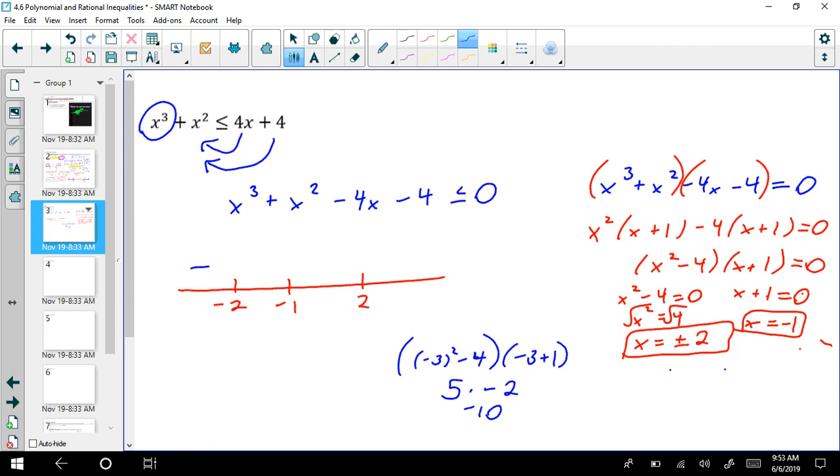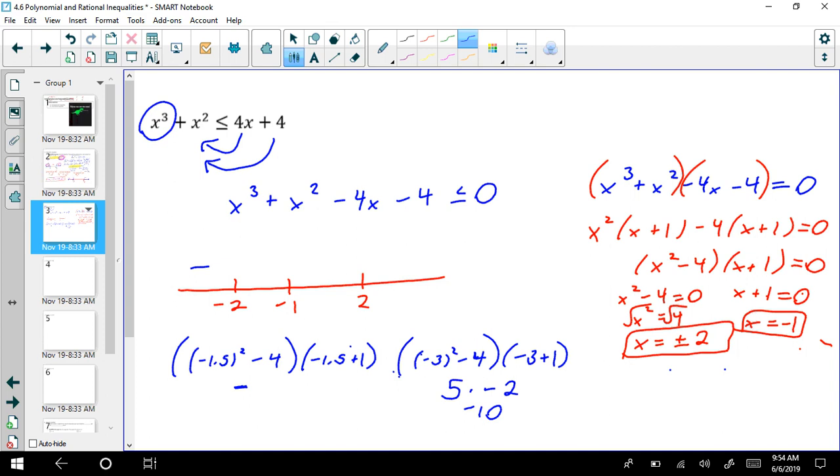Okay, now I want to pick something in between negative 2 and negative 1. I would probably do negative 1.5. Okay, I'll tell you, if you simplify this guy, squared minus 4 would give me, let me see here.